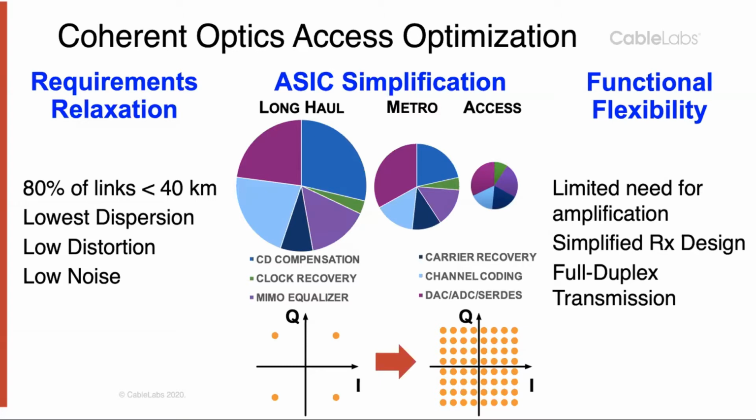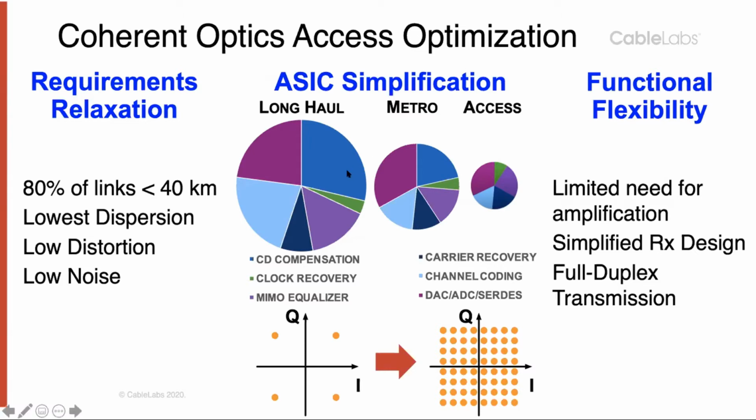You don't have cascading amplification, so distortion and noise are also lower. And that is going to allow us a generous link margin, and we can leverage this link margin to relax optical component requirements.